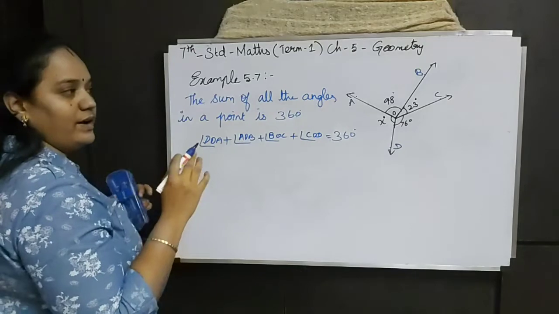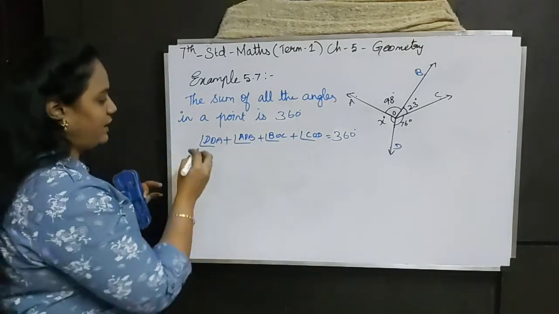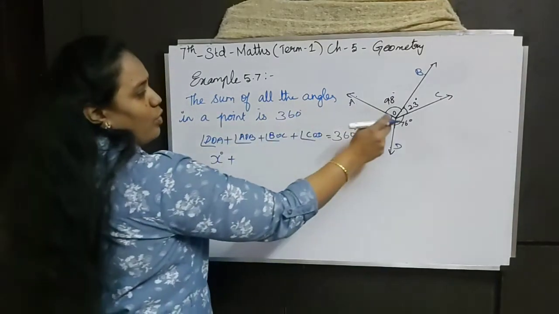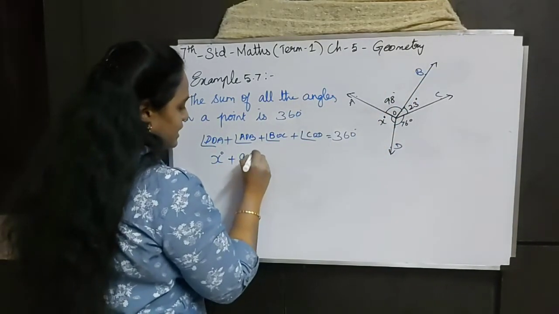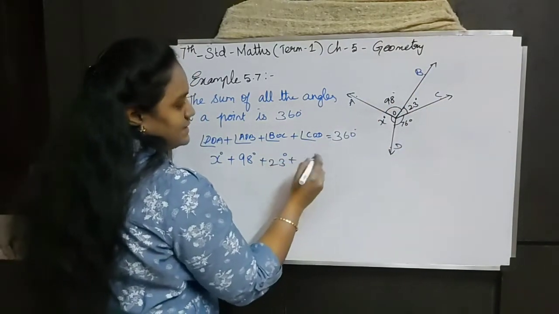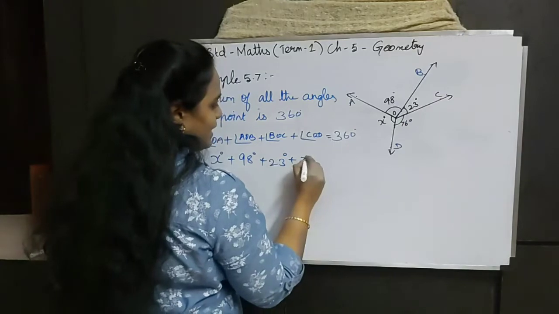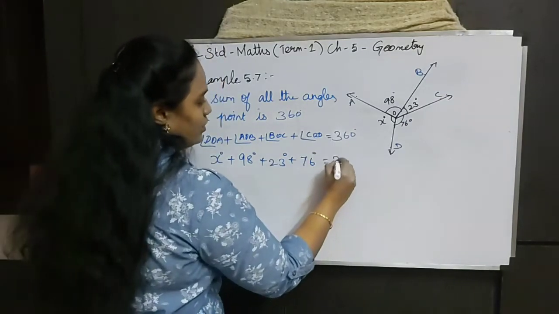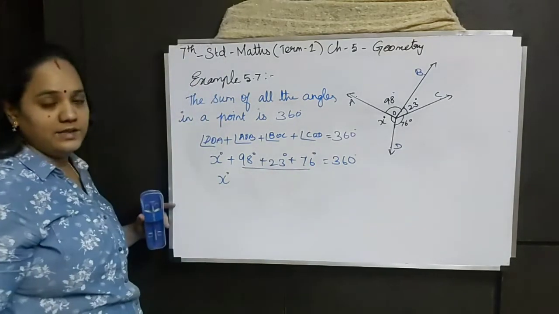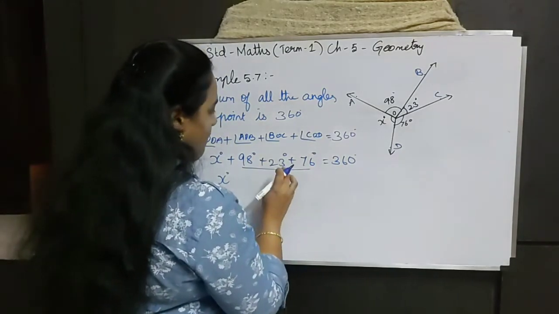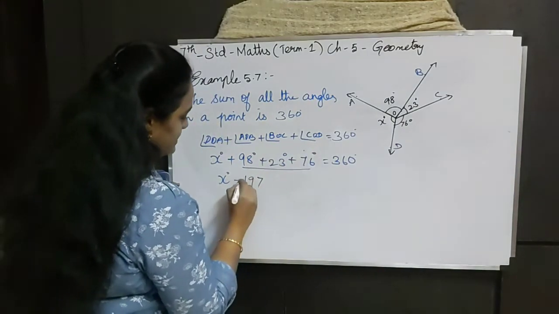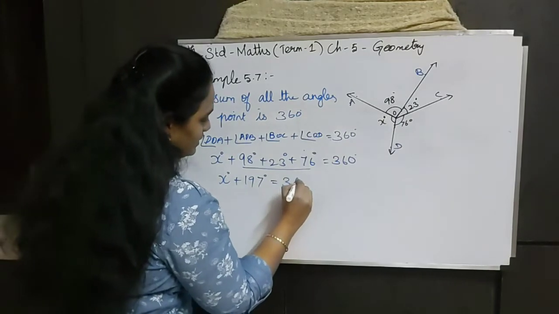Now whatever angles we know, we are going to substitute here. DOA is x degrees plus AOB is 98 degrees plus BOC is 23 degrees plus COD is 76 degrees, which is equal to 360 degrees. Now we are going to add all these angles. So 197 degrees is equal to 360 degrees.